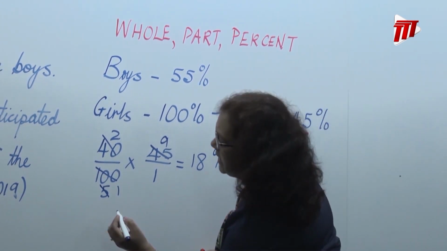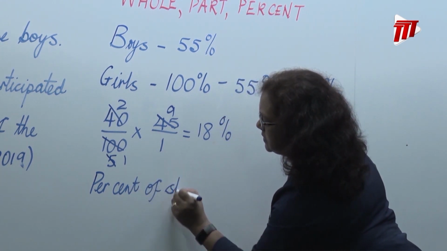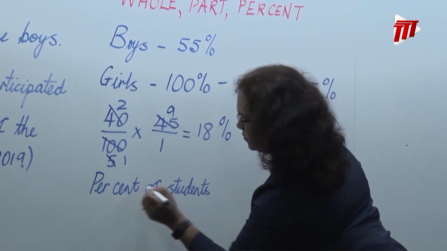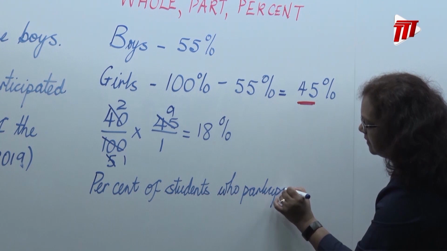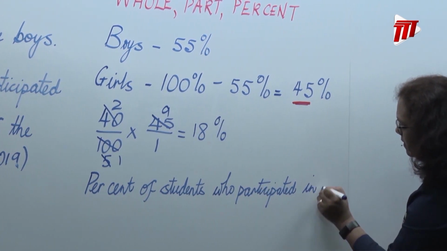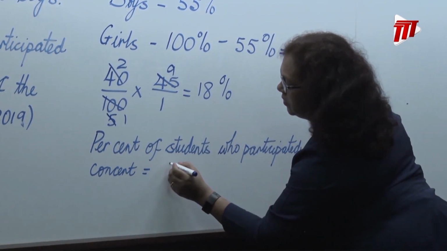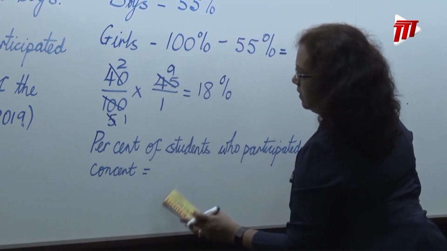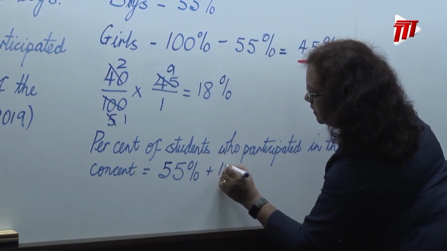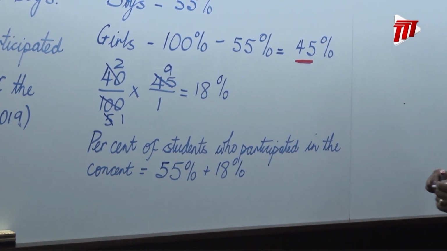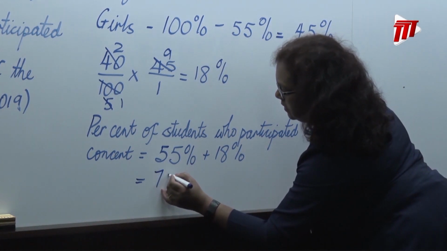So my total percent of students who participated in the concert is equal to 55 percent, which is the boys, 18%, which represents the girls, and that will give me a total of 73%.